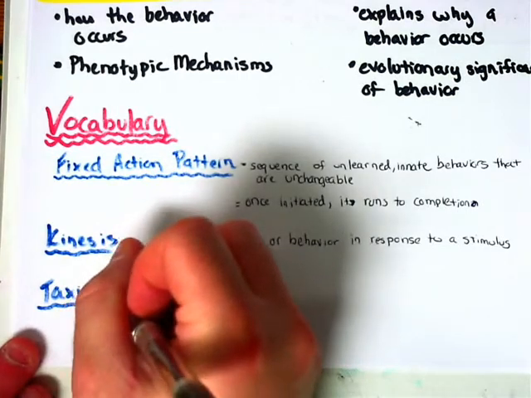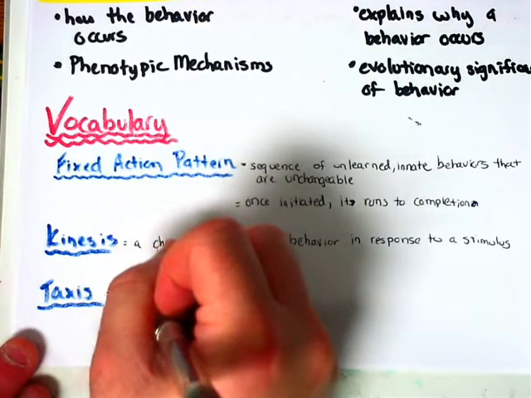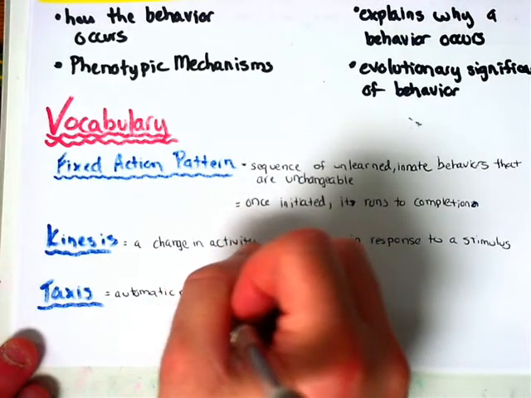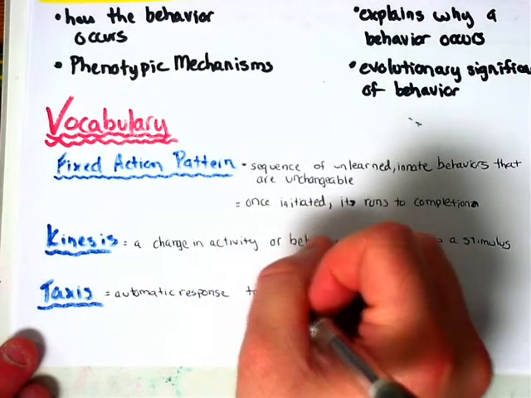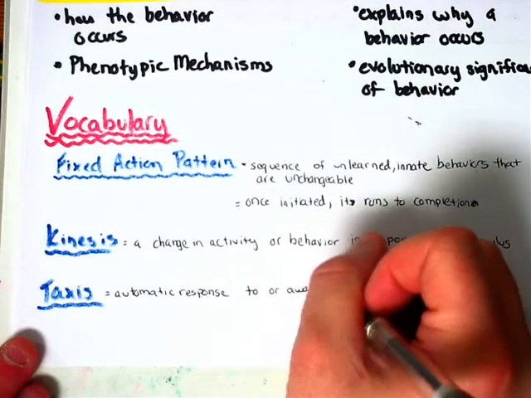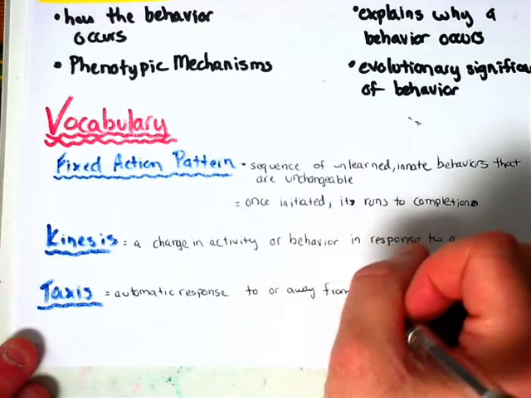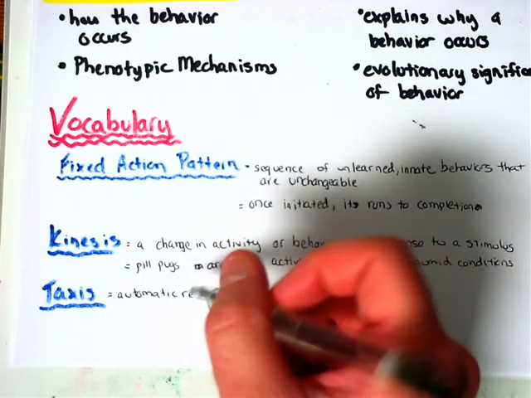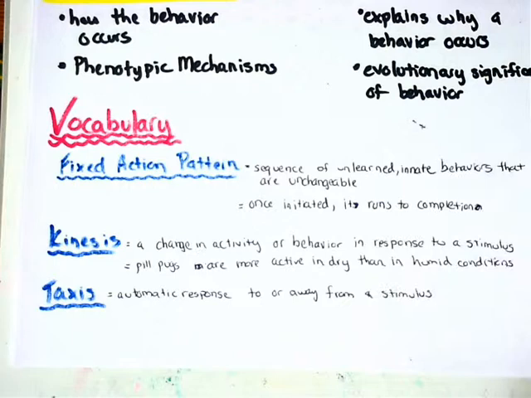Whereas taxis is more of an automated response to or away from a stimulus. In kinesis they do not move a lot. Whereas taxis is a response that's to or away from a stimulus.